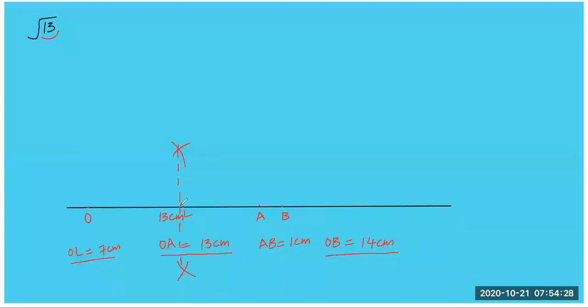Now put the needle of the compass here, taking L as center, and draw a semicircle with O and B as ends. When you have drawn the semicircle, students, from point A, draw 90 degree.